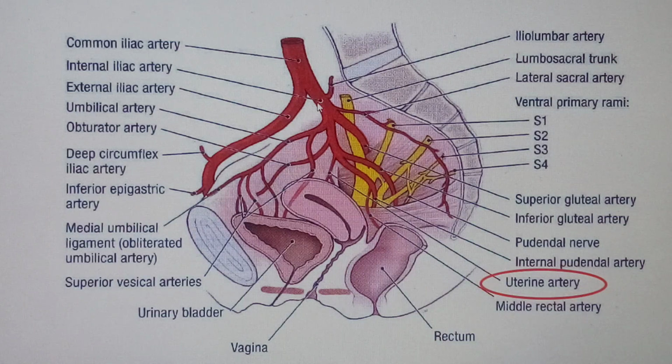This internal iliac artery came from the common iliac artery, and that division into internal and external iliac arteries occurred approximately at the level of L5-S1 vertebral level. I even told you that the common iliac artery also came from the terminal division of the abdominal aorta at the level of the lower border of L4 vertebra.